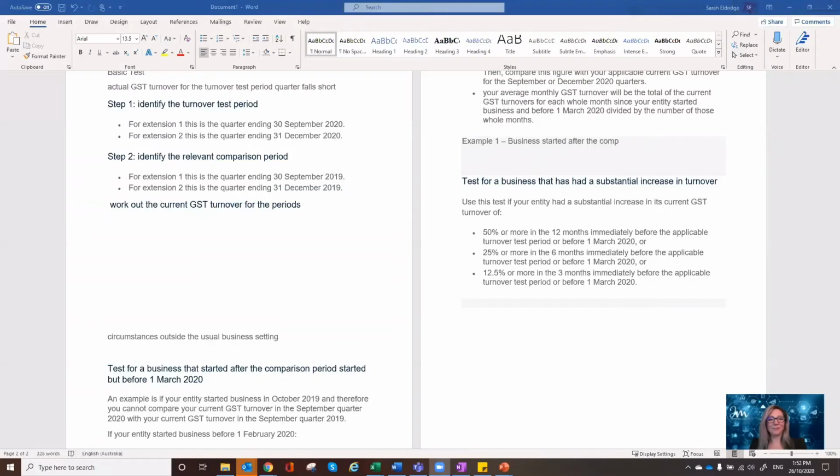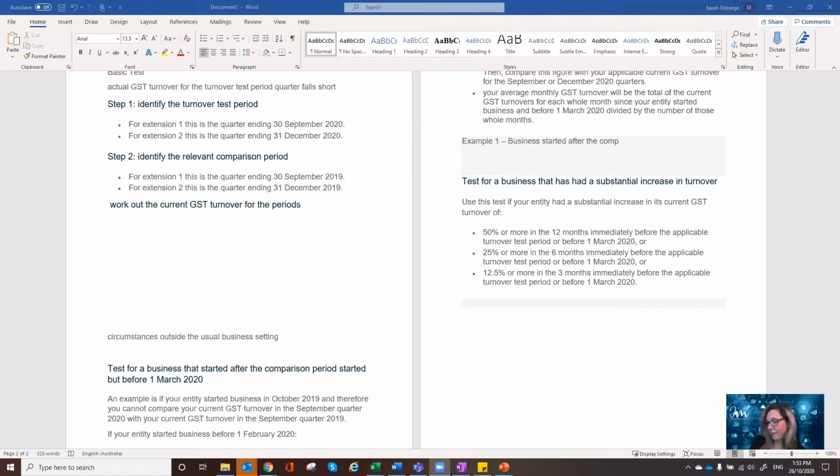And we're going to do the next test. So we need to check whether there was a 50% increase in the last 12 months. Okay, so you test June 2019 turnover and test June 20 turnover.